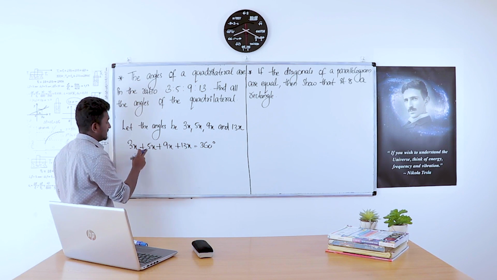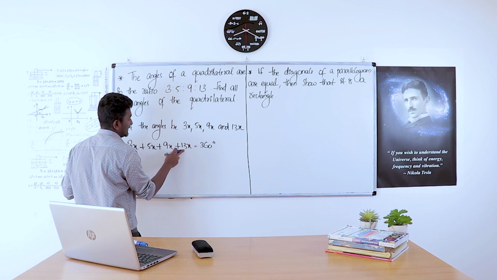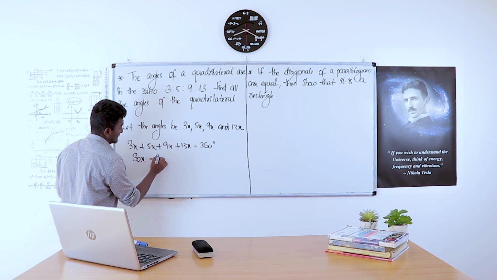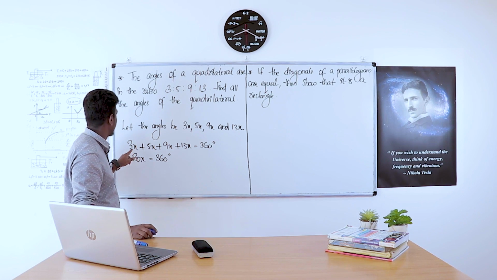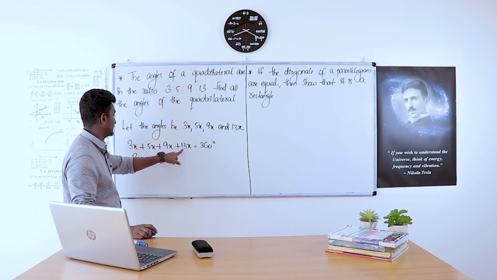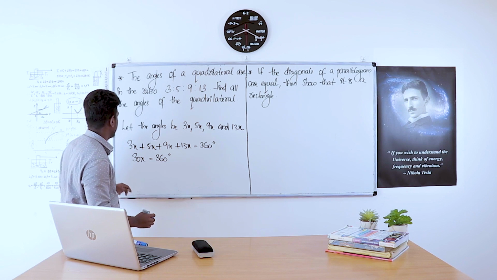Now just add it. 5 plus 3, 8. 8 plus 9, 17. 17 plus 13, it is 30. 30x is equal to 360 degrees. Clear?